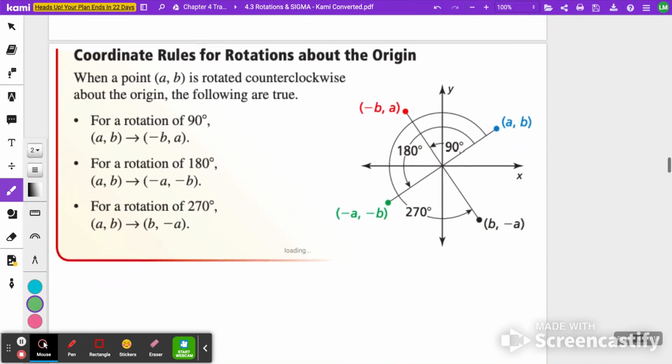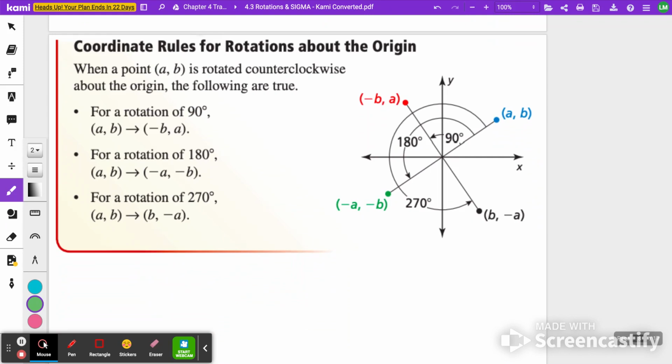All right, the coordinate rules for rotations about the origin. This is going to be our big help to understand where these things go, because for a lot of us, rotations can be challenging, especially because reflections and translations, as we've discussed before, are very easy to transform, but rotations are a little bit trickier.